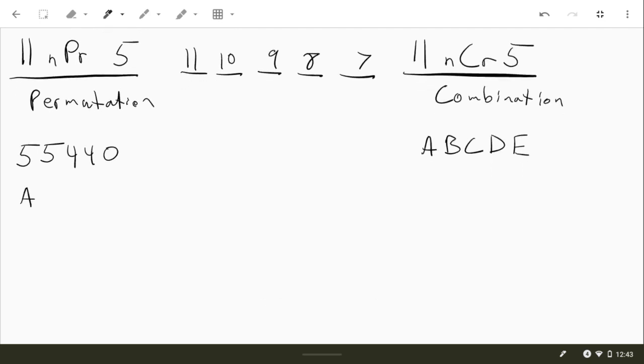And on the left, A, B, C, D, E would be one permutation. But I want to know all the ways that I can rearrange these 5 players right here. So this would be different than B, A, C, D, E. This would be different than C, B, E, A, D.